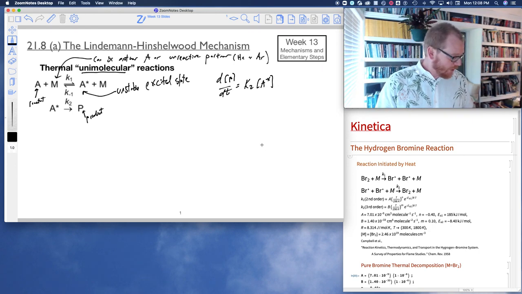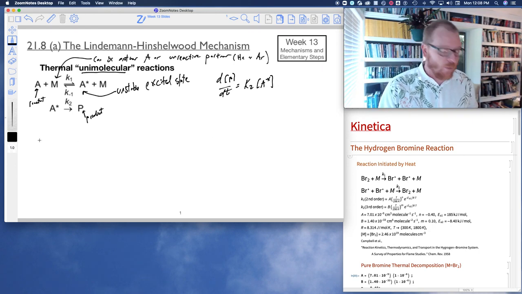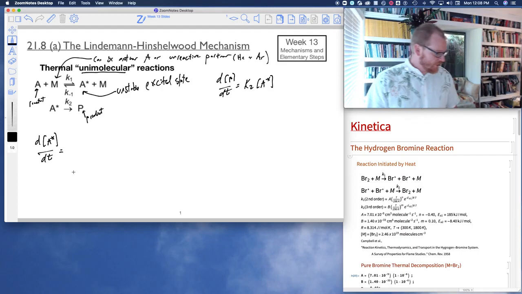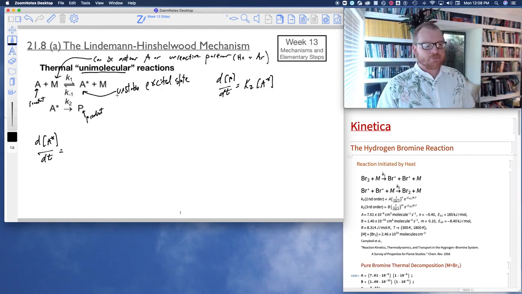If we apply the steady state approximation, I'm going to write d[A star]/dt, and let's go through these reactions. We recognize that A star appears as a product in this first reaction, so that's going to be a positive K1 times A times M. K1 will be a second order rate constant.